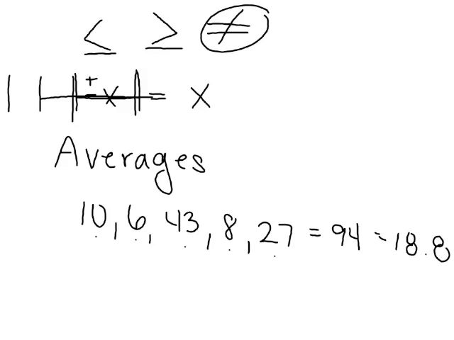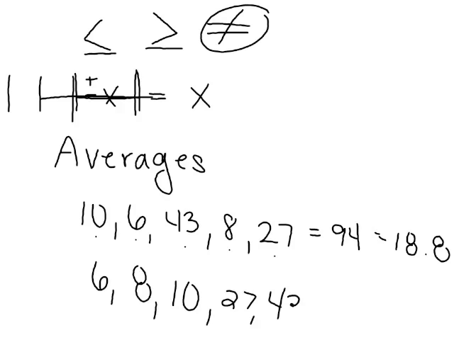There is a trick you can use if you don't have a calculator handy. You want to put your numbers in order from greatest to least or least to greatest. So in that case, we would go like this. 6, 8, 10, 27, 43. Start on your most exterior. So 6 and 43 add up to 49. Divide that in half. It's about 25. 8 and 27. Add those together.